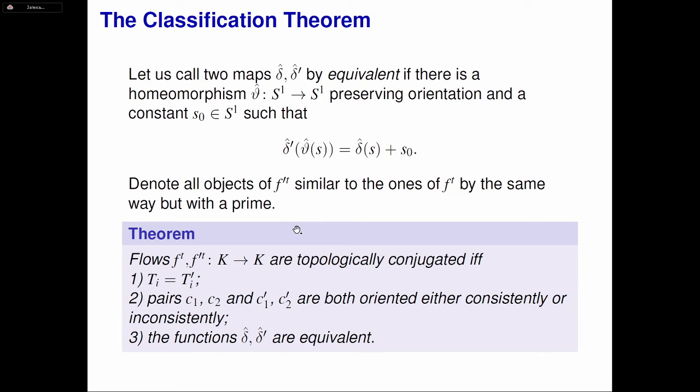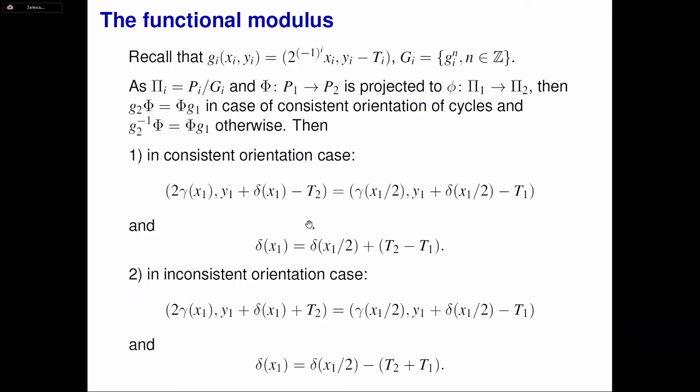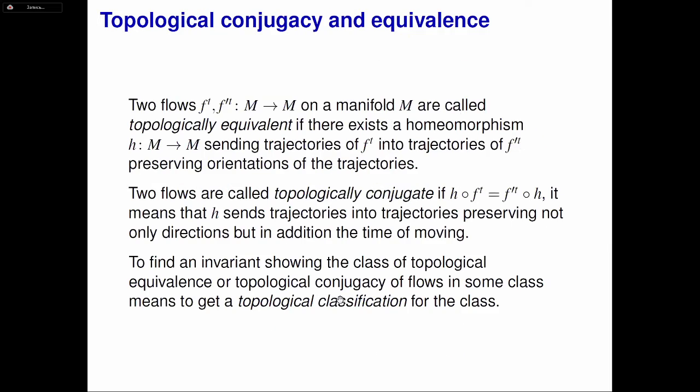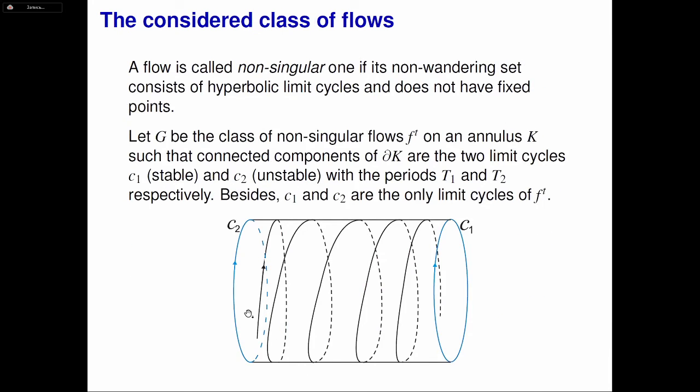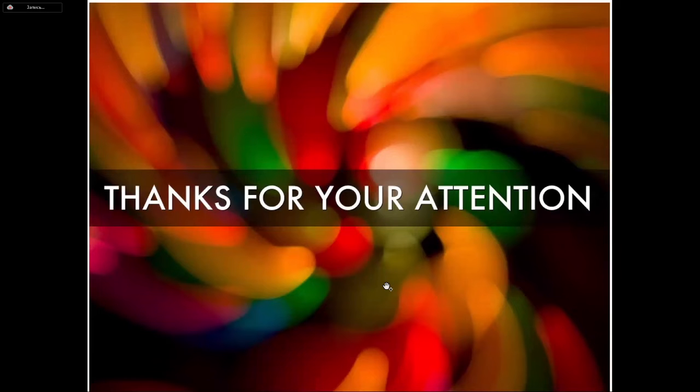It means that if we want to classify any class of flows with such a domain restricted by two limit cycles, with a trajectory going from one limit cycle to another one, then such a class would have an infinite number of moduli. Thank you for your attention.